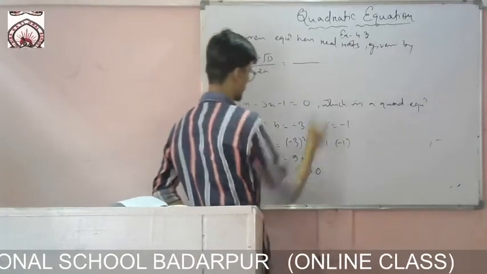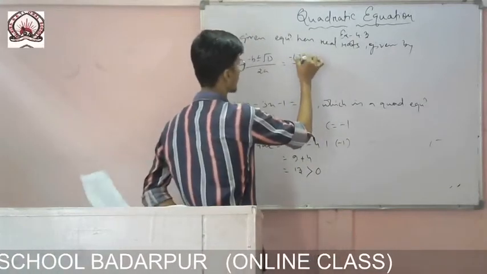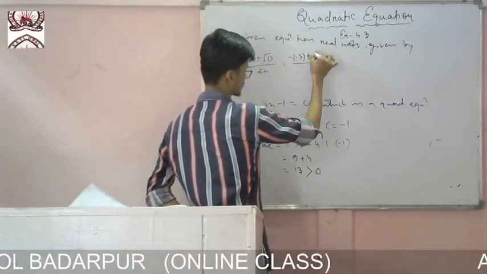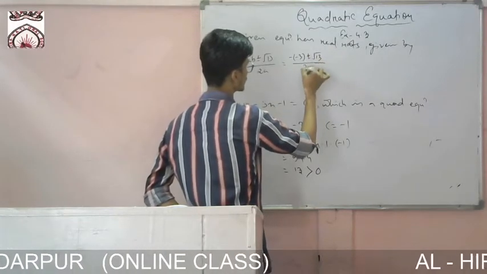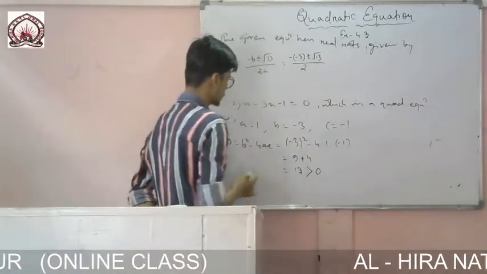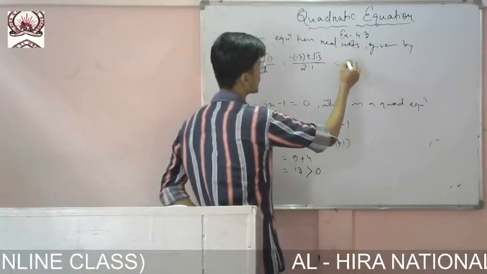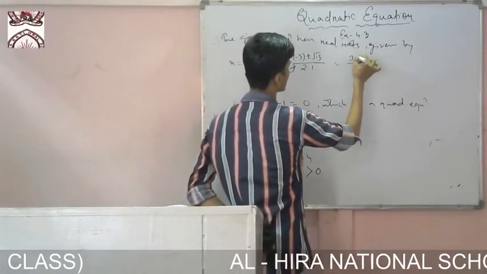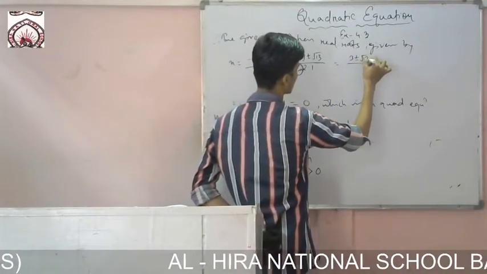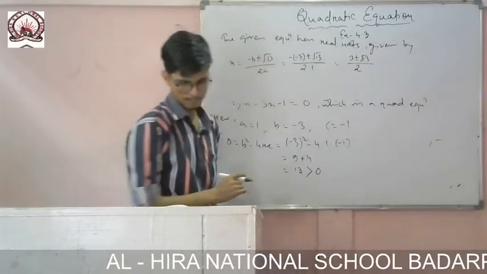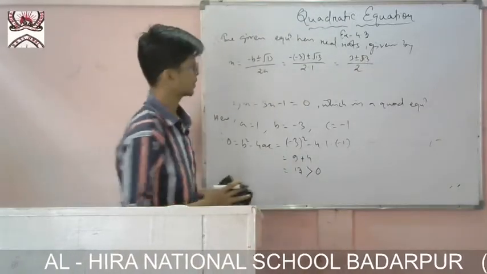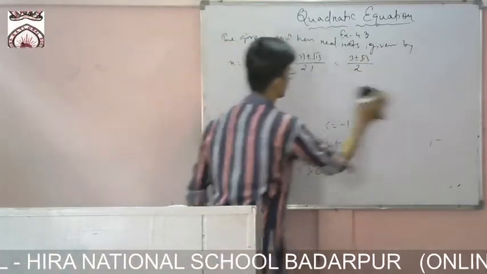So here the value is minus 3 plus minus root over 13 by twice a, which is 1. So it will be 3 plus minus root 13 by 2, so that means it cannot be solved further.